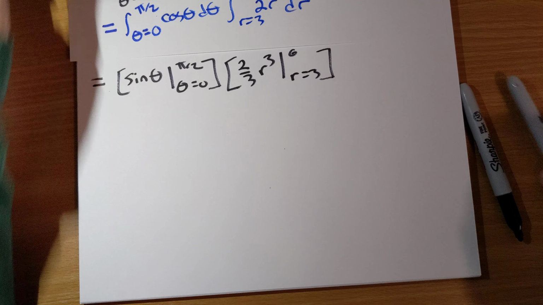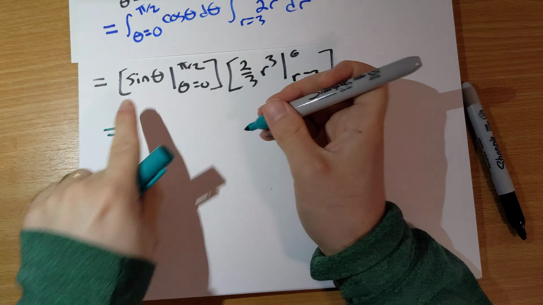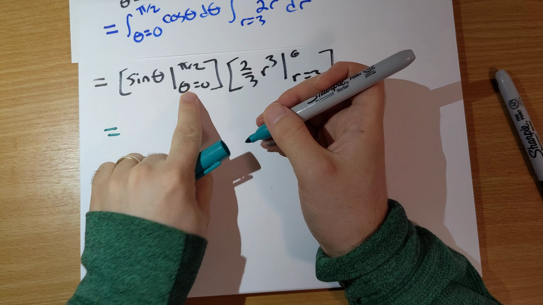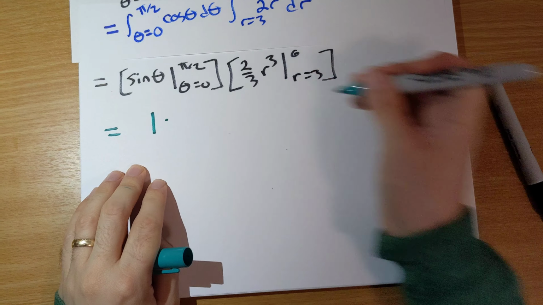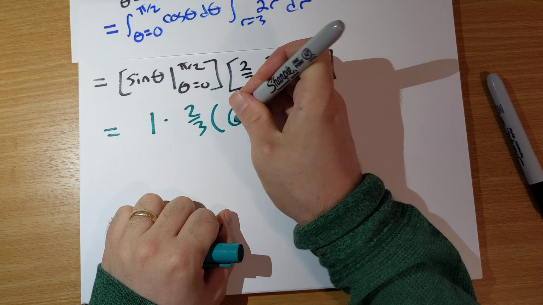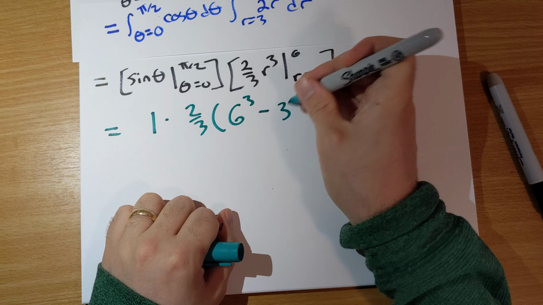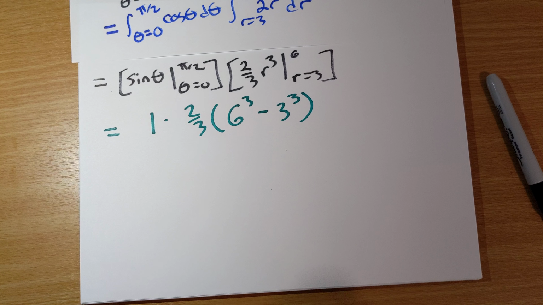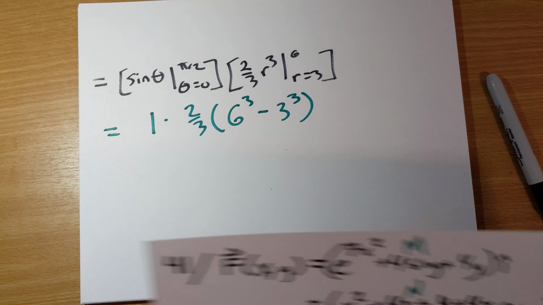And so at the end of the day, this will be sine of pi over 2 minus sine of 0. It'll be 1 minus 0, which is 1, times 2/3 times 6 cubed minus 3 cubed. I'm sure that simplifies down, but I think that's a perfectly good final answer here.